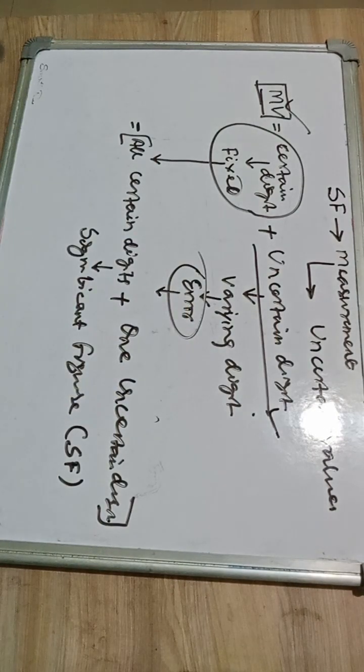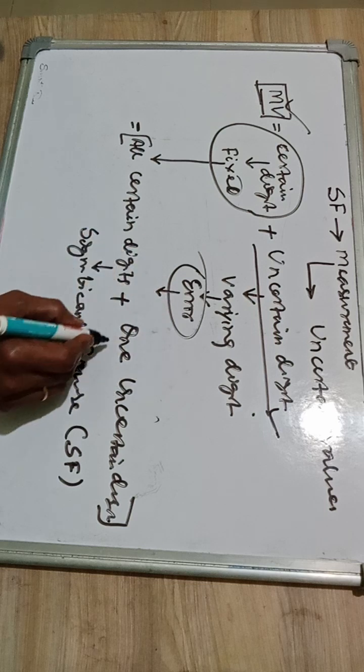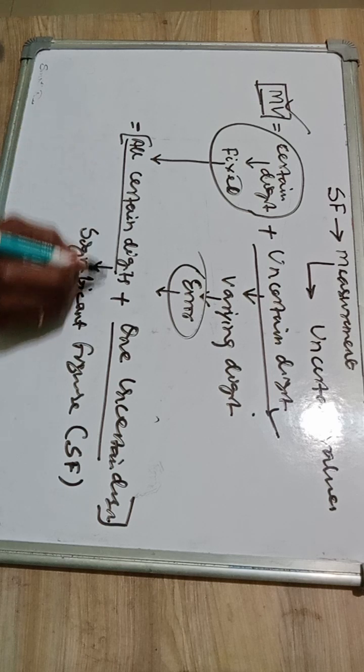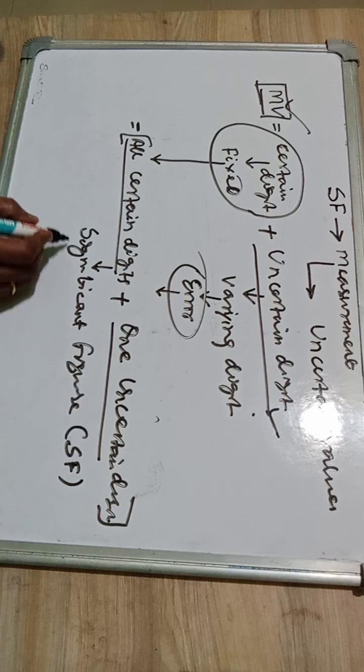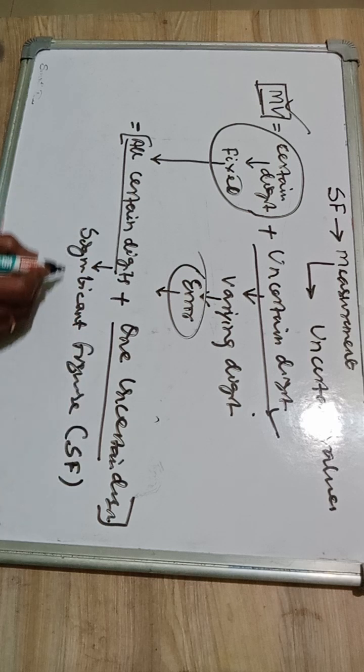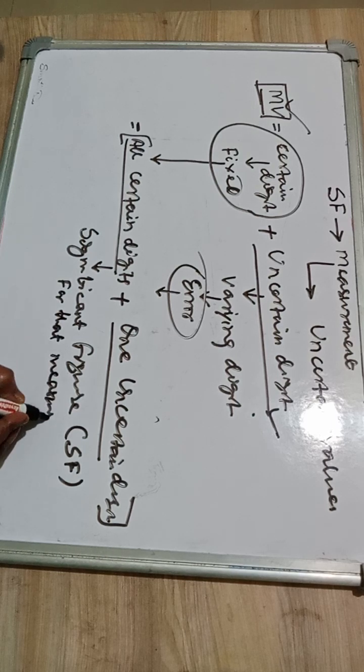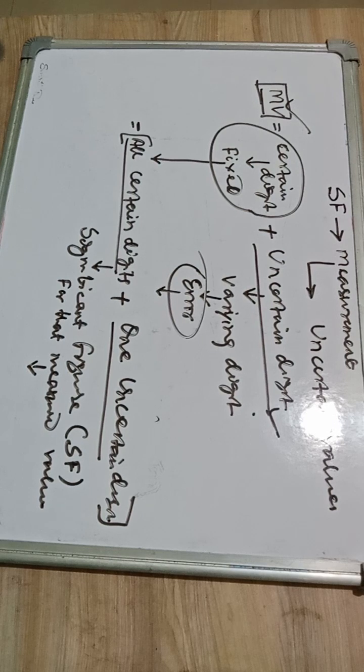One uncertain digit we are taking, and all the remaining certain digits. Combining all certain digits and one uncertain digit gives the significant figure for that measured value. This will be nearer to the true value of the item.